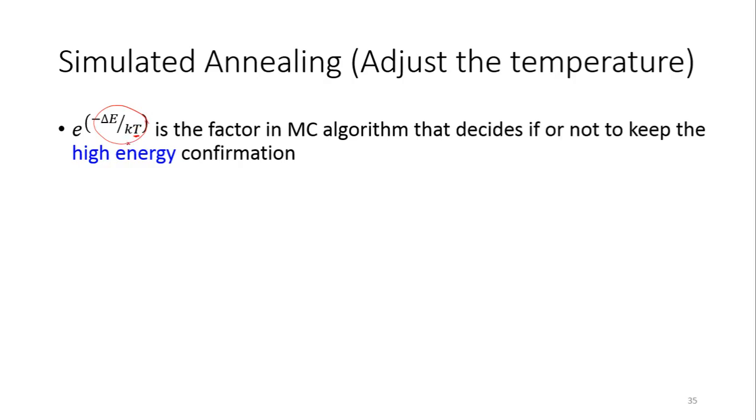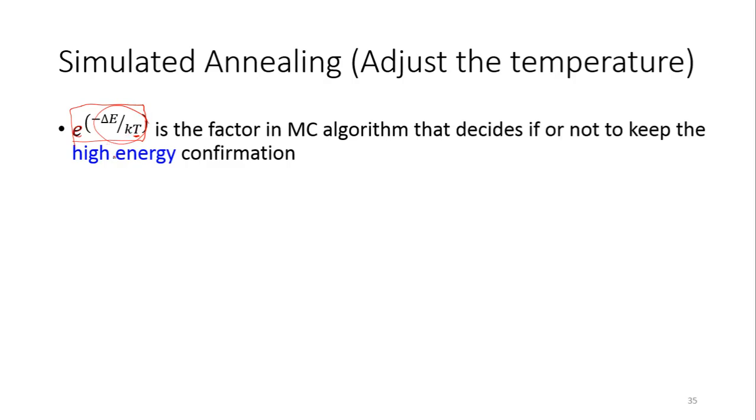Now we are taking the exponent of this small value, and following basic calculus, the exponent of a small number will always be close to 1. If the value of this term approaches 1, we accept the configuration. Therefore, at high temperature, we shall accept every move.